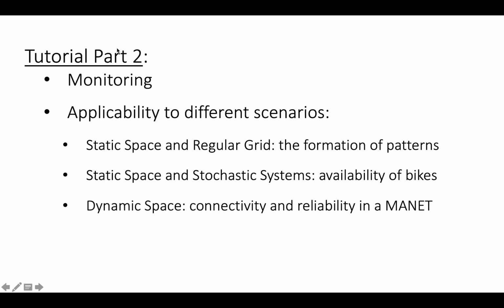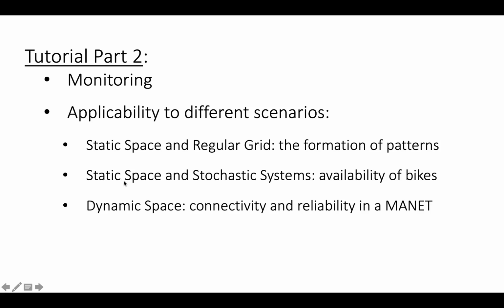In the second part of the tutorial, we will discuss a bit about the monitoring procedure, and then we will see a number of applications of the logic to different scenarios. In particular, we will see three different scenarios: one considering a static space and a regular grid, where we study the formation of patterns.